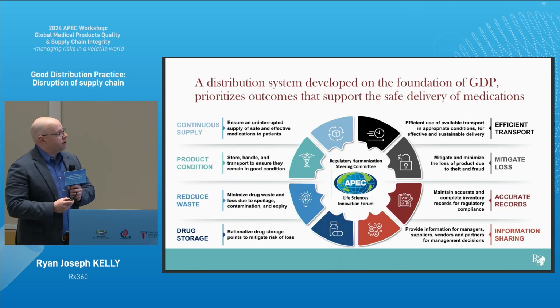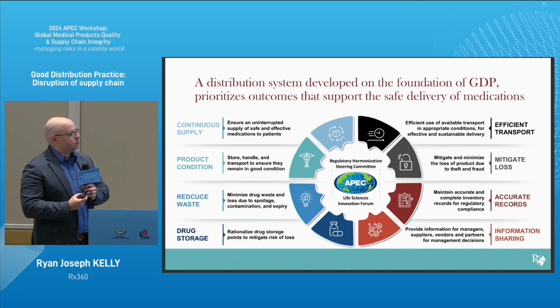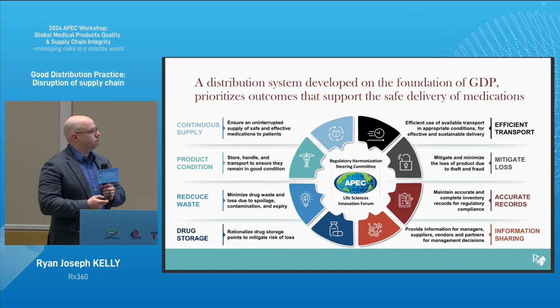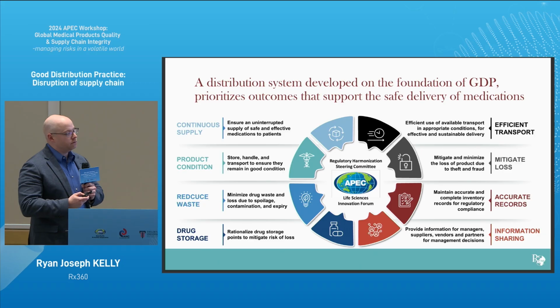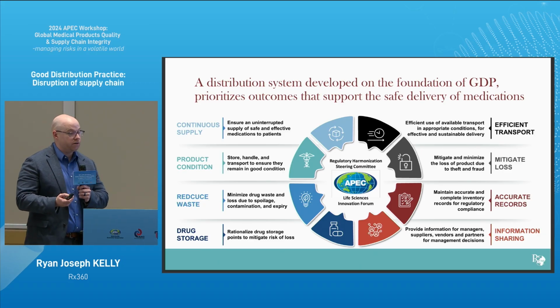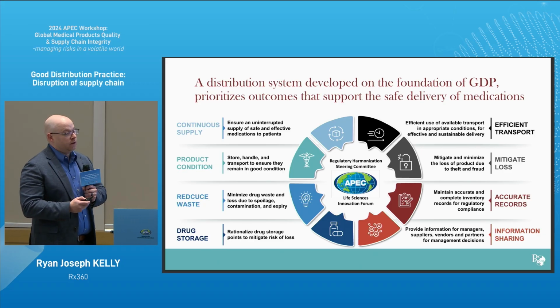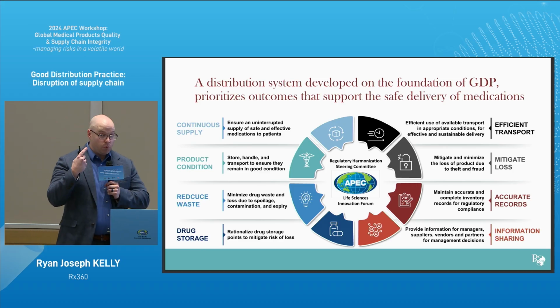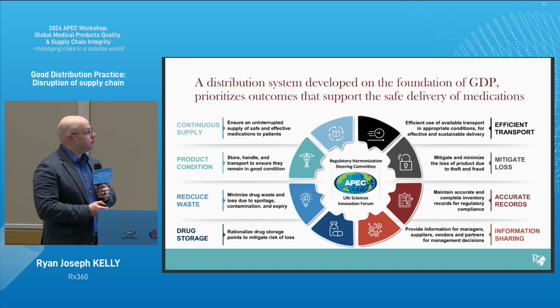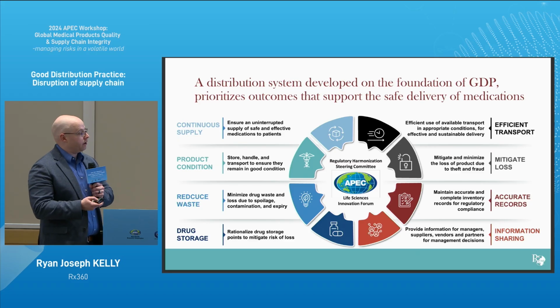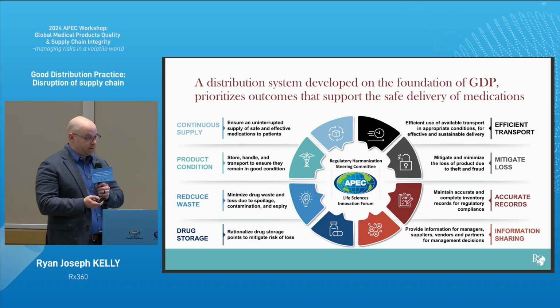And so if we think about what the APEC Supply Chain Security Toolkit goals are, they largely align to what a distribution system developed on the foundation of GDP should prioritize, which ultimately supports the safe and effective delivery of medication. So we want to ensure continuous supply. We want to make sure the product is stored, handled, and transported appropriately.